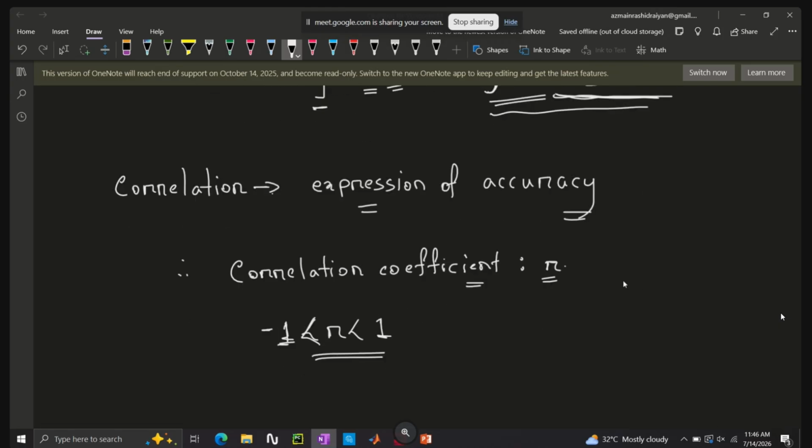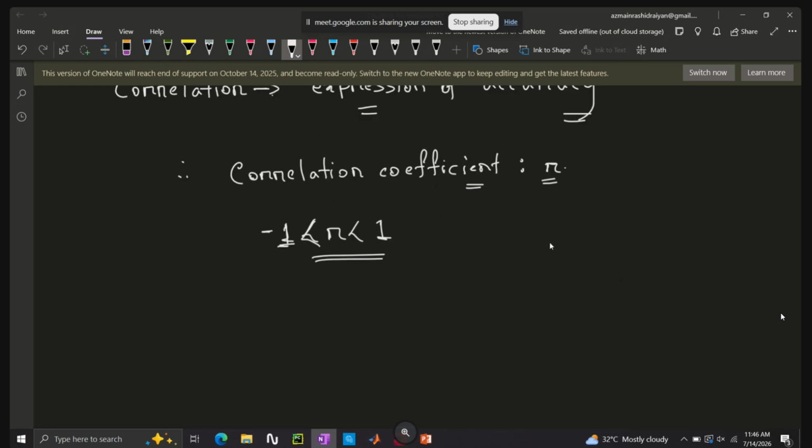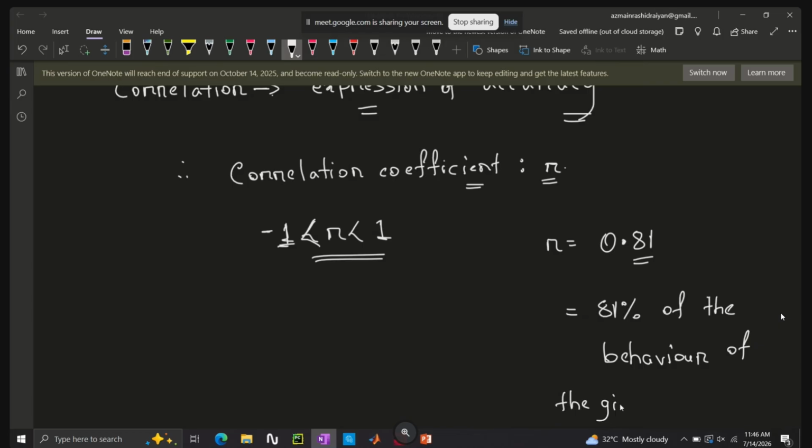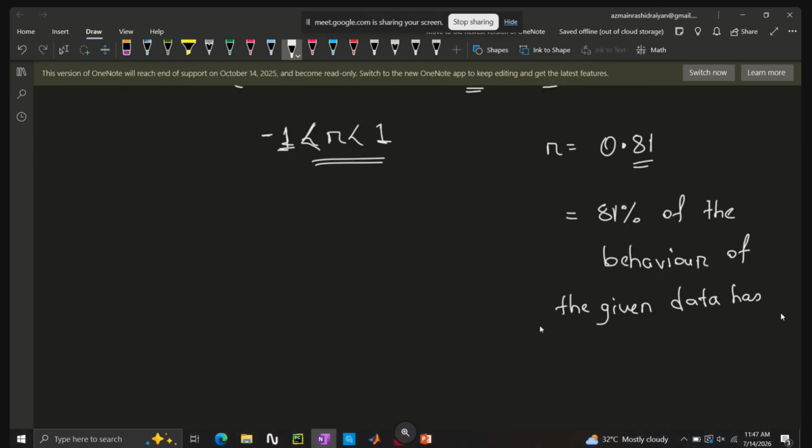Let's say our correlation coefficient is R = 0.81. Since it is 0.81, it means 81% of the behavior of the given data has been captured.